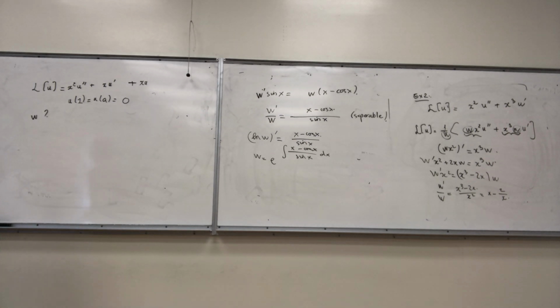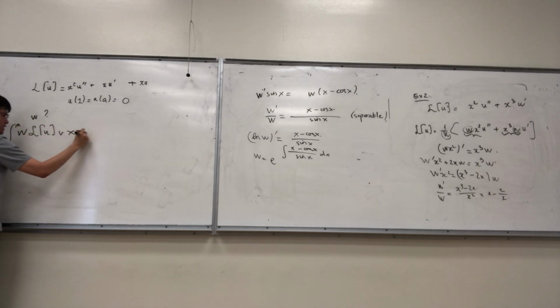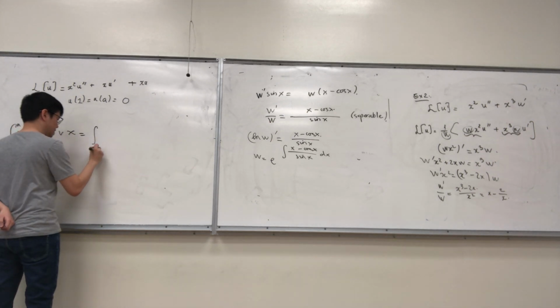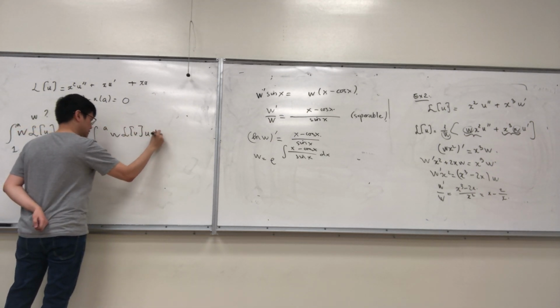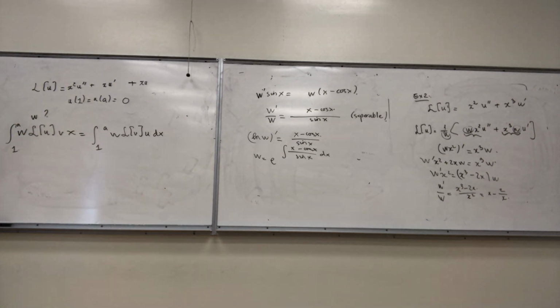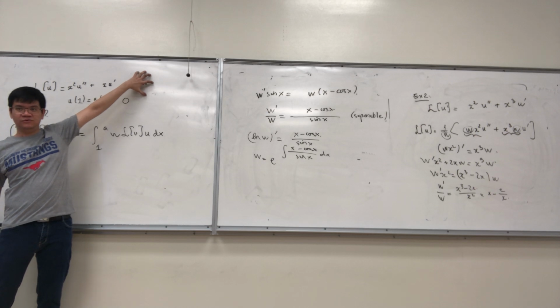You can tell in one shot. What is this w? The integral from 1 to a of w Lu v dx is equal to the integral from 1 to a of w Lv u dx. So you know the w for the operator without x u.